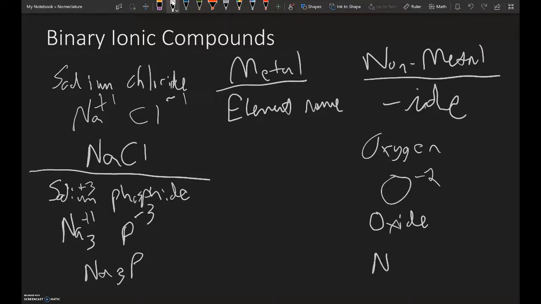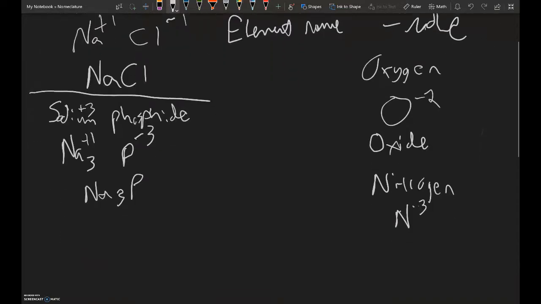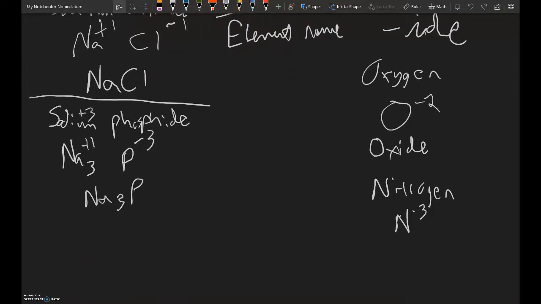What if we had nitrogen? Well, nitrogen is N with a -3 charge. How would you end this? Would you say nitrogenide? Would you say nitrogide or nitride?